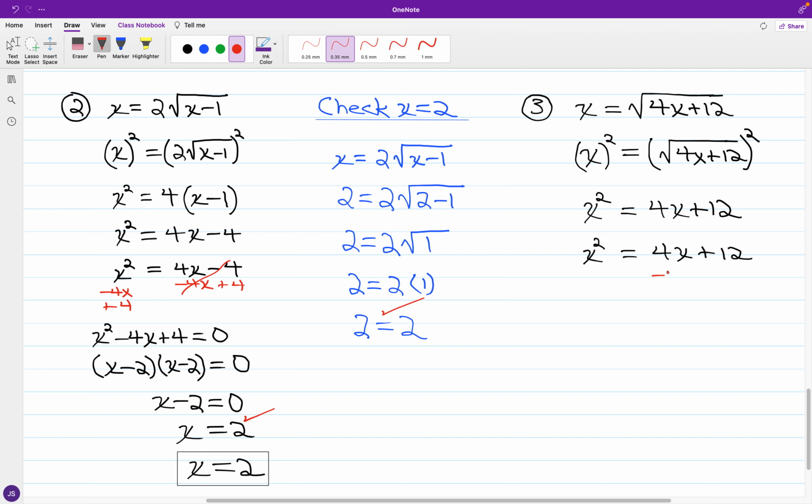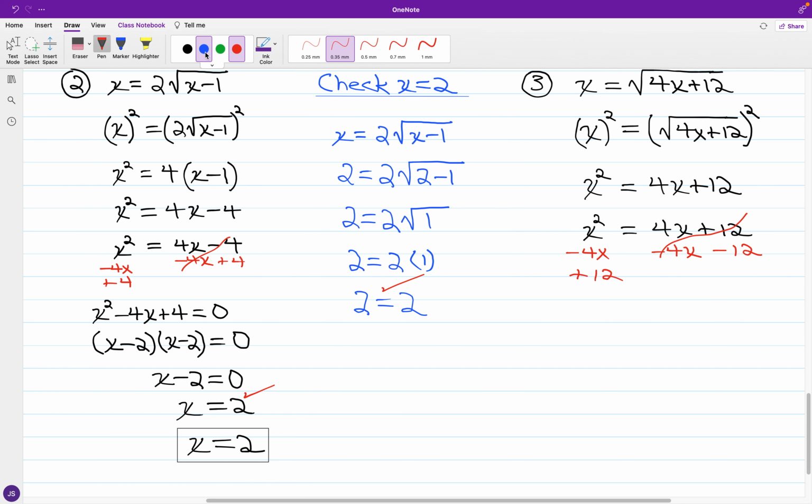And again, we can join the first order and constant terms with x squared by respectively subtracting and adding the x, a first degree term, and the constant.